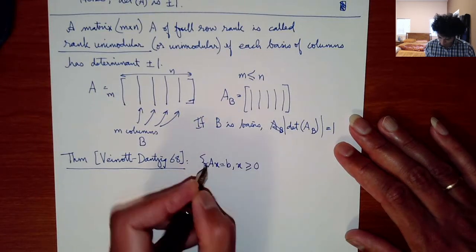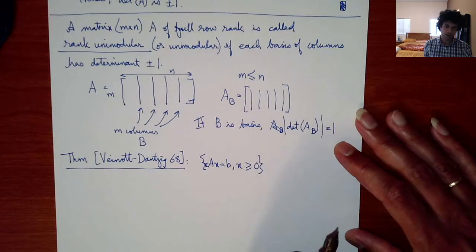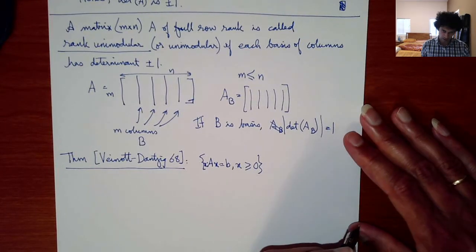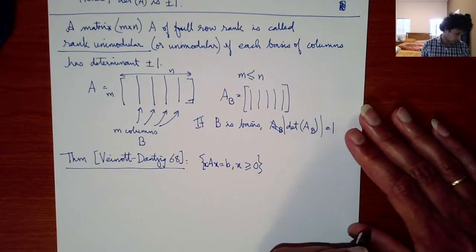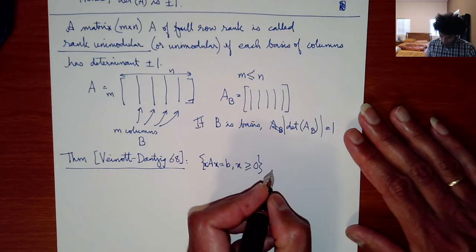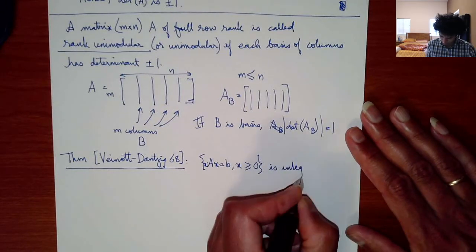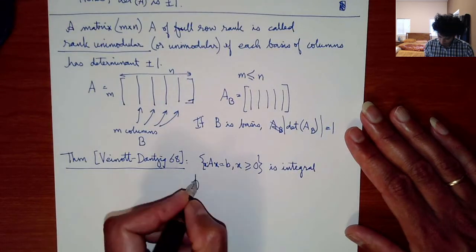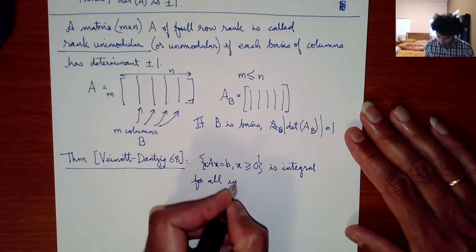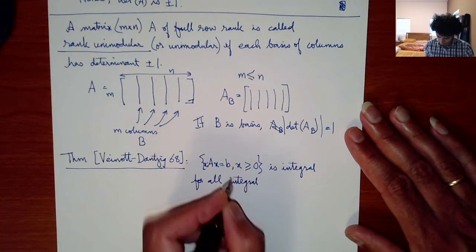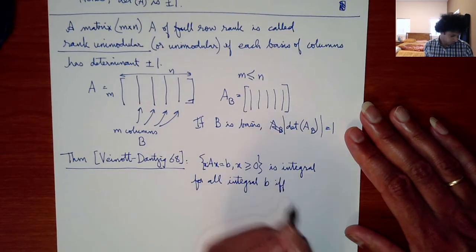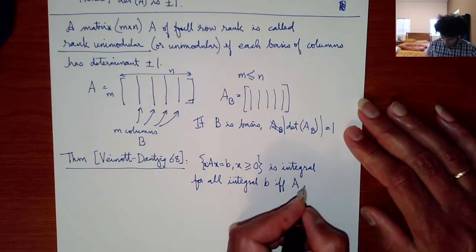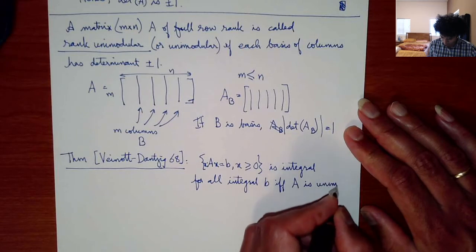So consider the polytope Ax equal to b, x greater than or equal to 0. It is integral for all integral b if and only if A is unimodular.